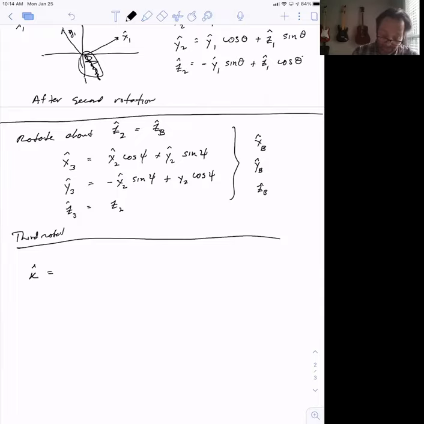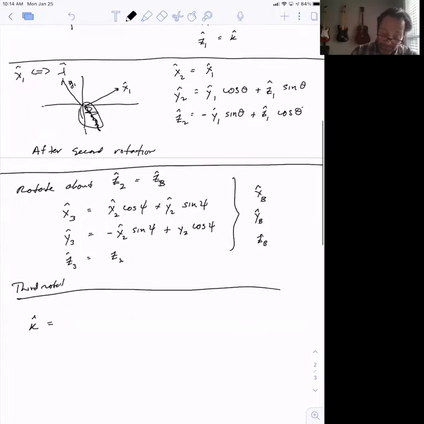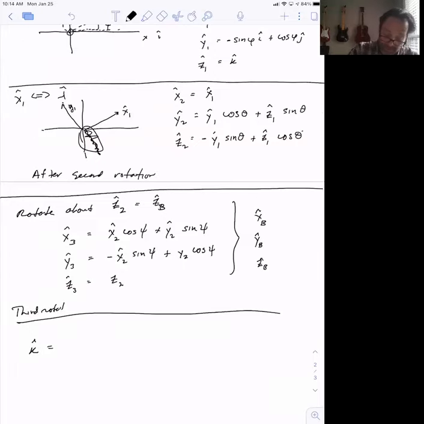K hat is equal to, it turns out, it is easier to start here with x2 in this case and go back and then express everything in terms of x3. So the way we're doing it is we get k hat in x2, and then get x2s and x3s.